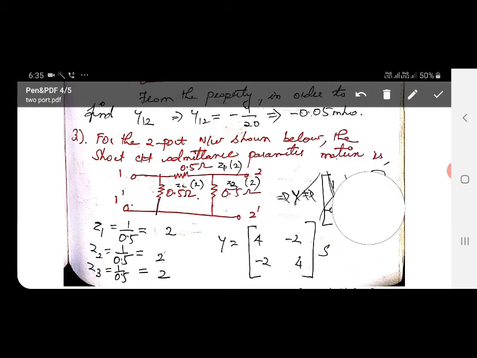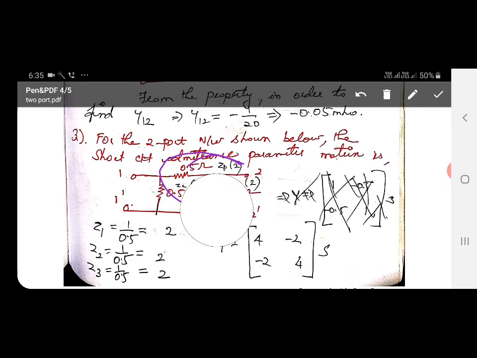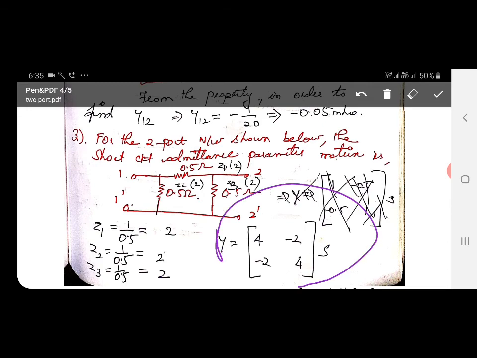So y12 is equal to y21 is equal to minus 2. Then the y22 value is the combination of these two, 2 plus 2, which is 4. So the admittance matrix will be 4, minus 2, minus 2, 4.